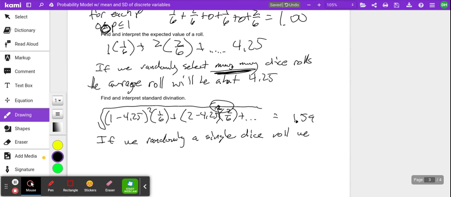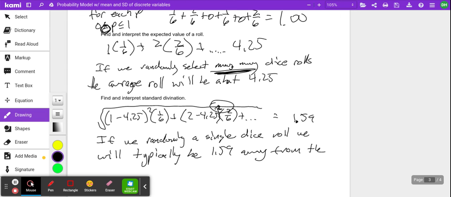But we will typically be 1.5 away from the mean. I think that just sounds a little bit better.